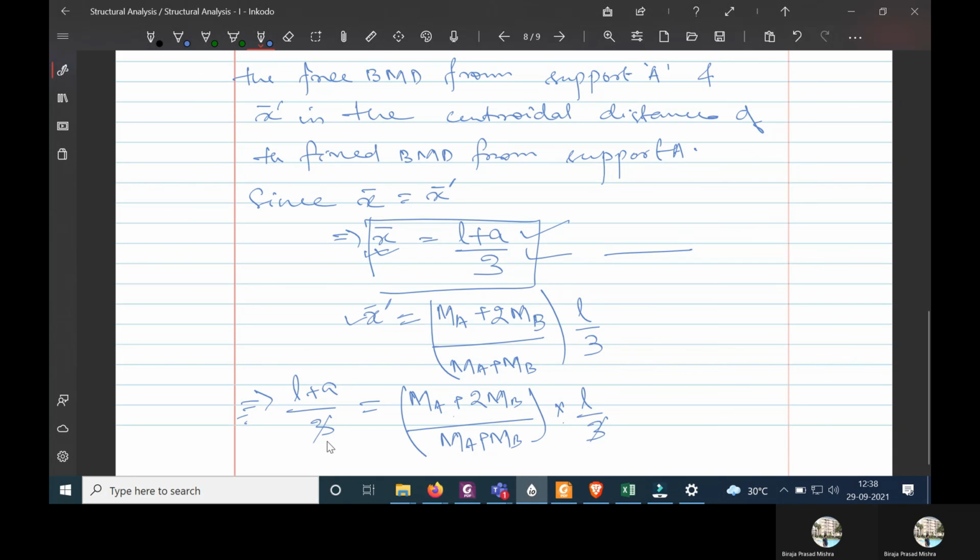The 3 cancels out, so if you solve this, we get MA plus 2MB equals WAB by L square into L plus A. This is the answer. Now the next part we will do in the next class.